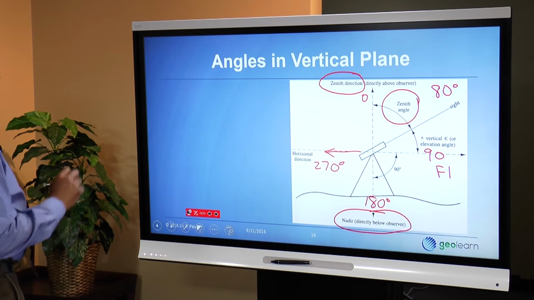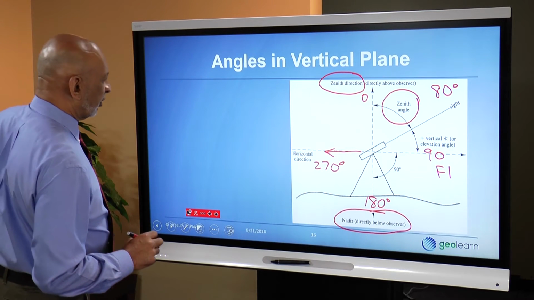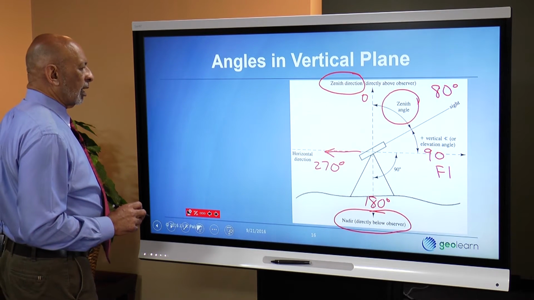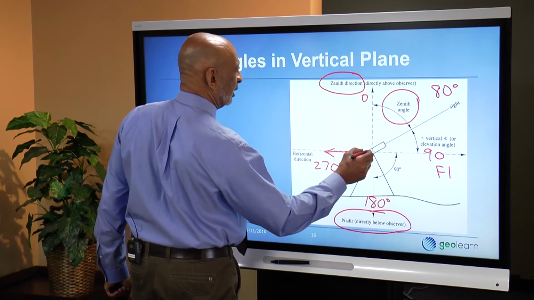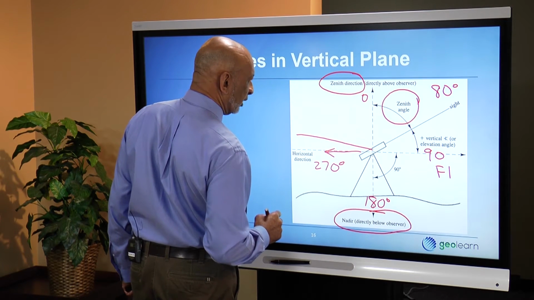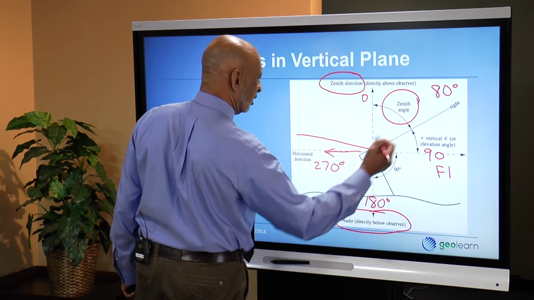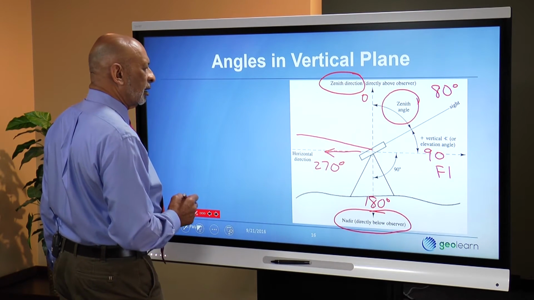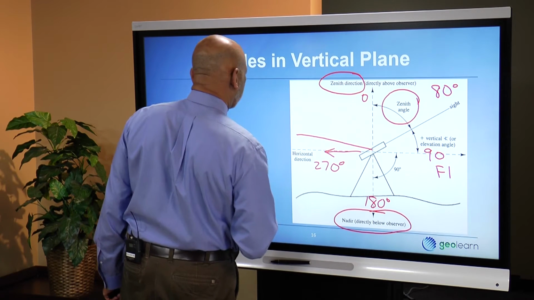Keep in mind that when you observe in the reverse position, you get an angle that would be the equivalent direction over here. Remember, we are 10 degrees above the horizontal line of sight, so 10 degrees above the horizontal line of sight over here would be 280 degrees.